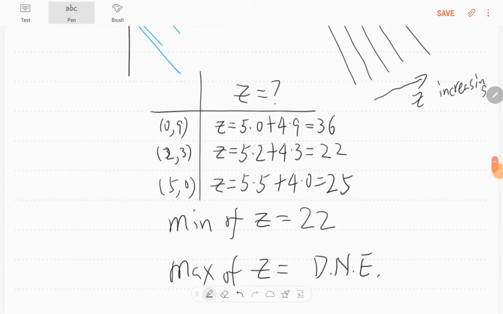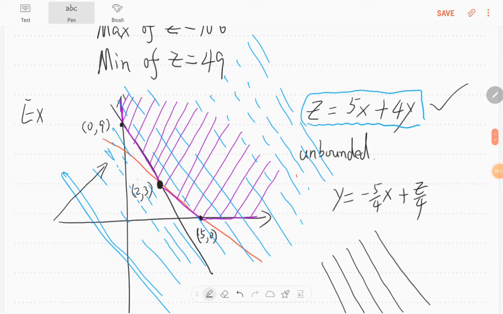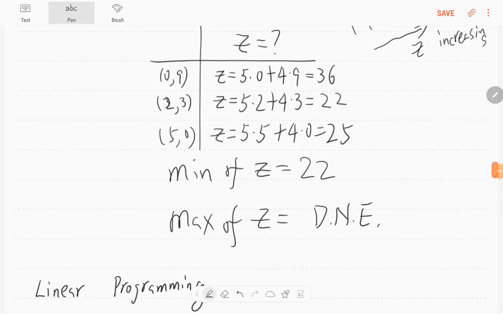Like we did in the previous several examples, this is the feasible region, which is formed by boundaries that are lines, that is, linear functions. This is what we learned last time, how to find the solution region for a system of linear inequalities.